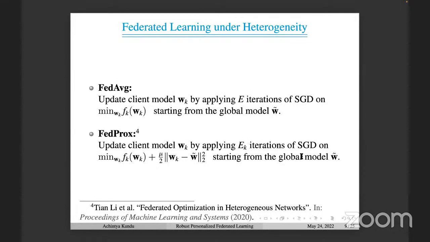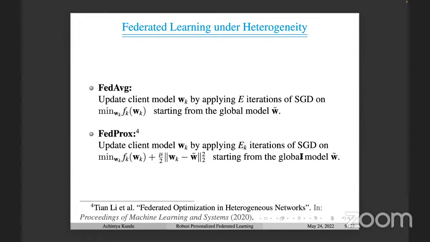one paper came up in 2020. This doesn't talk about personalizing the model for a particular data set, but what it tries to ensure is that even if you don't have the IID data setting, your algorithm should still converge and provide satisfactory performance.